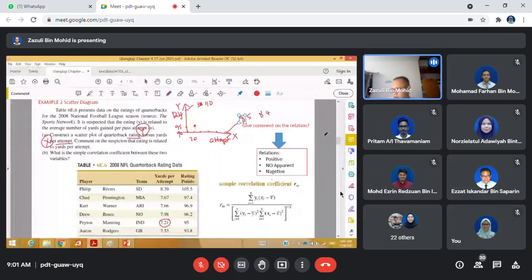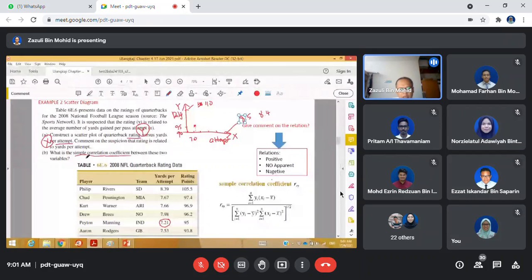And then another question might be asked when you're plotting the data on the X and Y axes in a scatter diagram. It will ask for the simple correlation coefficient.